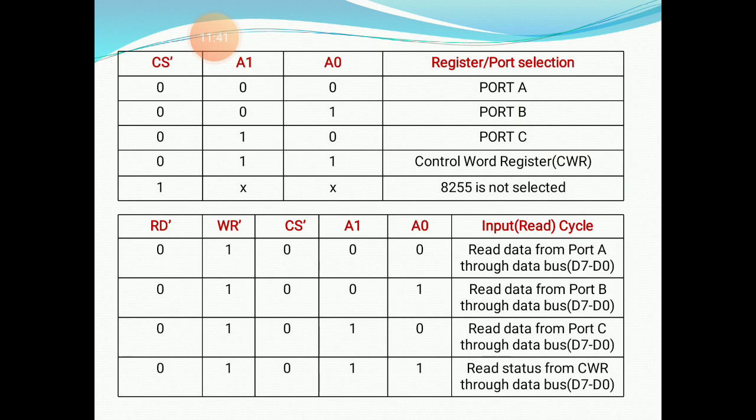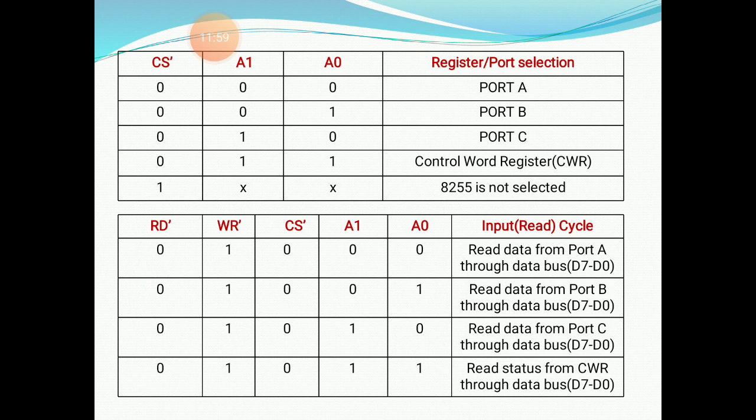From the first table, 3 signals are used: CS bar, A1, A0. When CS bar equals 0, the 8255 is enabled or selected. If CS bar equals 1, the chip is not selected.